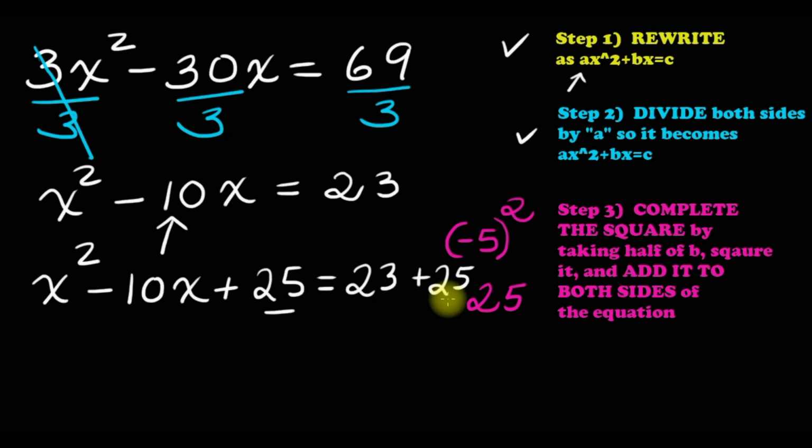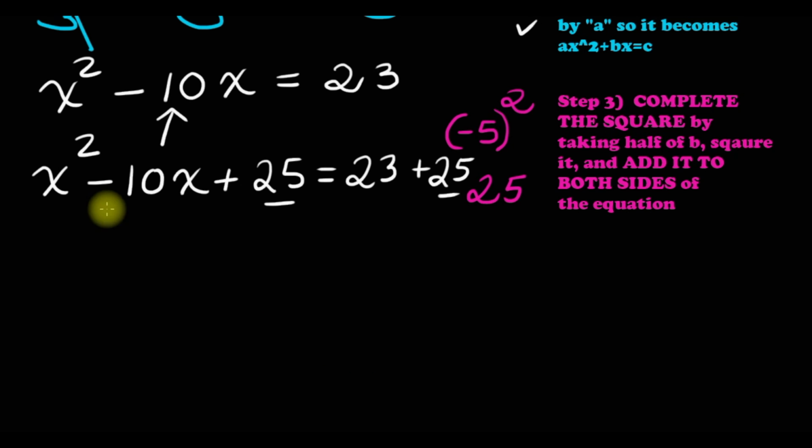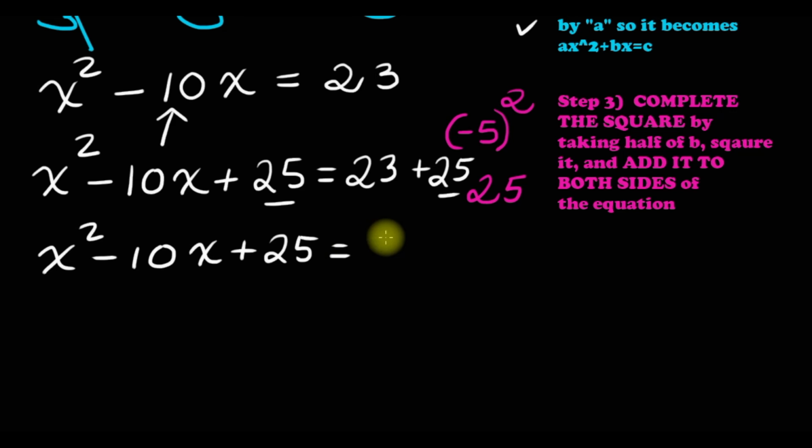As you can see, I'm adding 25 to left and right. We're going to go ahead and clean this up. So I have x squared, take away 10x, plus 25 on the left-hand side, and on the right-hand side, I have 23 plus 25, and that is going to give me 48.